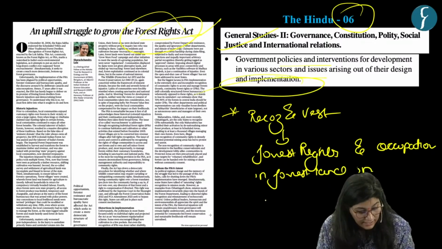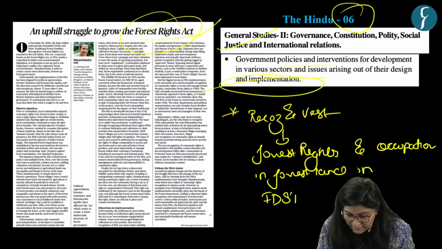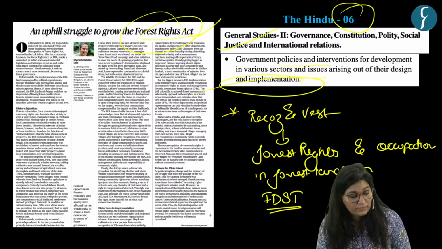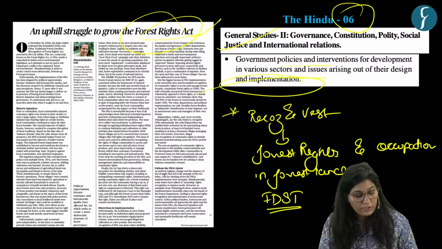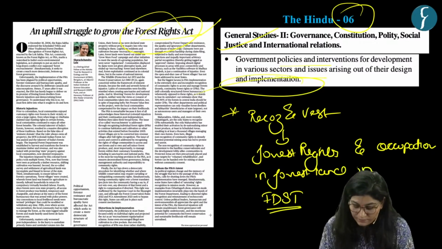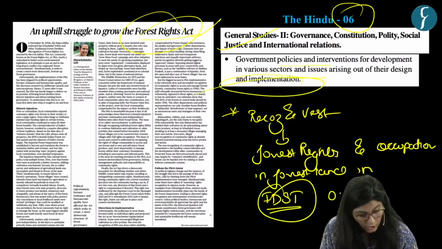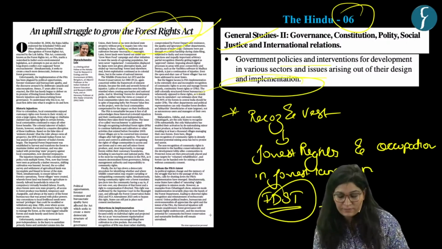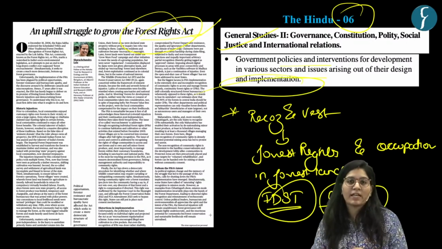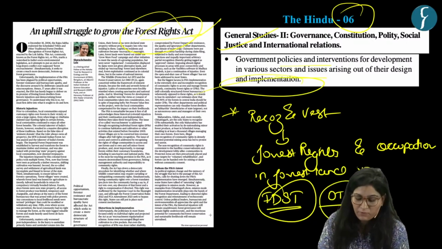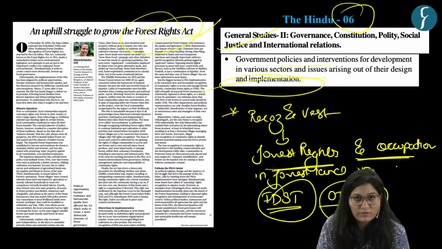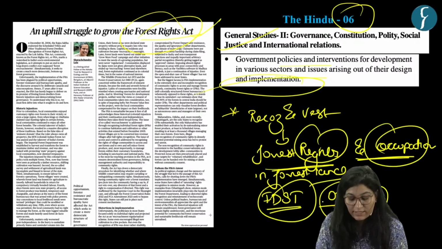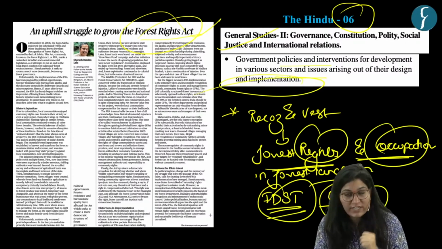In FDST, that is forest dwelling Scheduled Tribes, and ODFT, that is other traditional forest dwellers. So this act particularly recognizes and vests forest rights and occupation in forest land in FDST and ODFT.